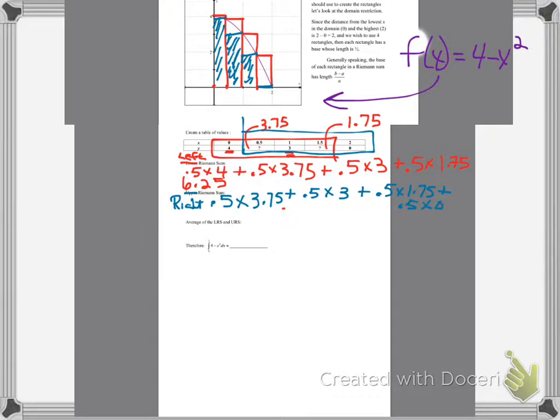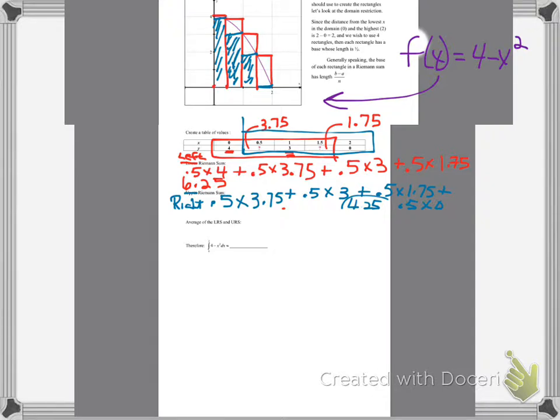So my right Riemann sum will be equal to 4.25.